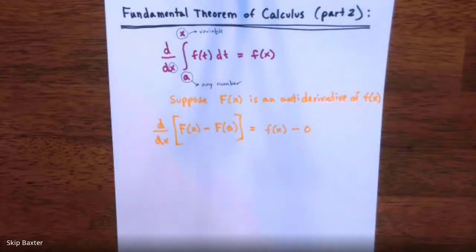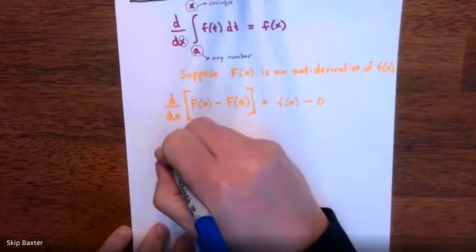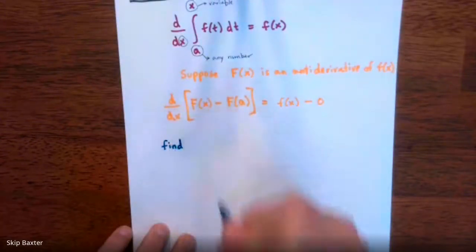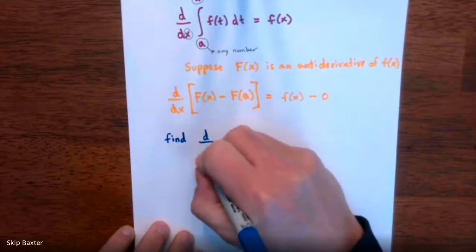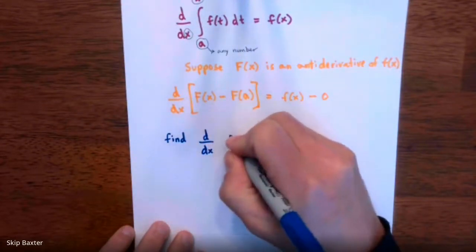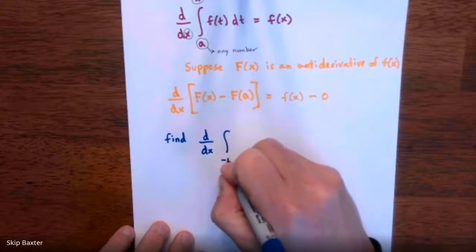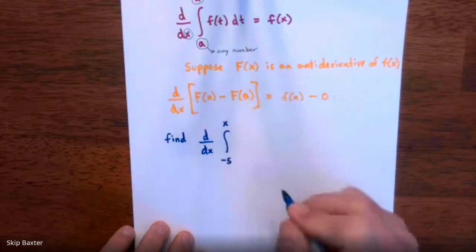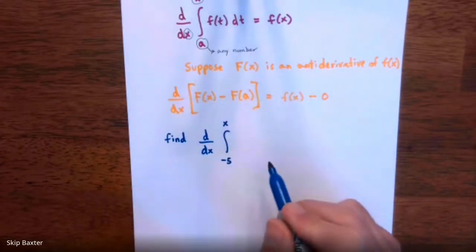Okay, so problems that involve FTC Part 2 are super easy. Like, they'll give you something like, they'll say, find the derivative of the integral from -5 to x, and then they'll give you some crazy complicated thing here.